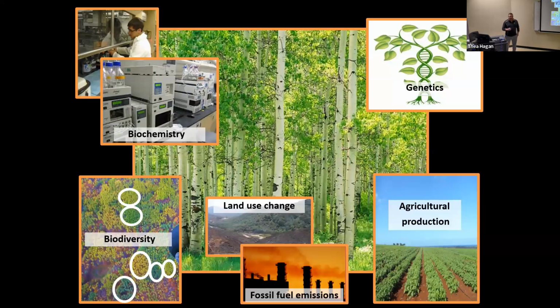But really never before have we needed a lot of those approaches because of the sad grand challenges that we're facing, such as shifts in biodiversity, losses in biodiversity, climate change, fossil fuel emissions, and ultimately needing to balance how we manage many of our natural and forested areas with the need for an increase in agricultural production to meet a growing population.